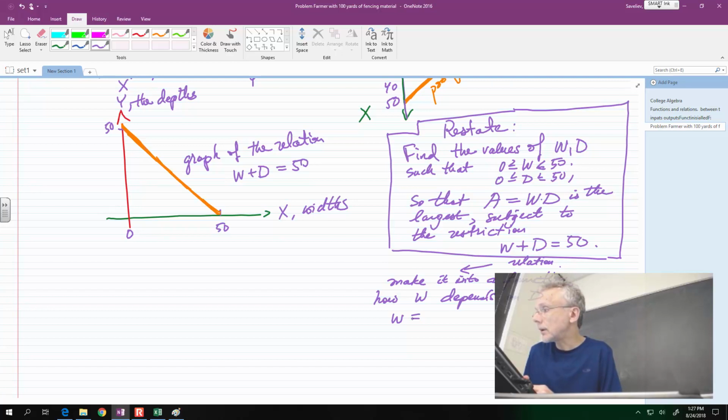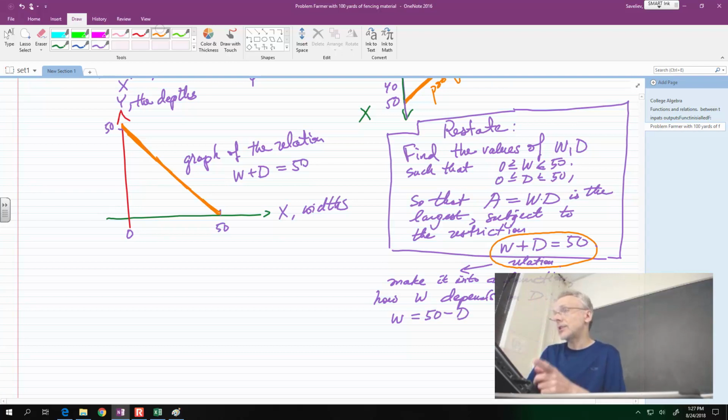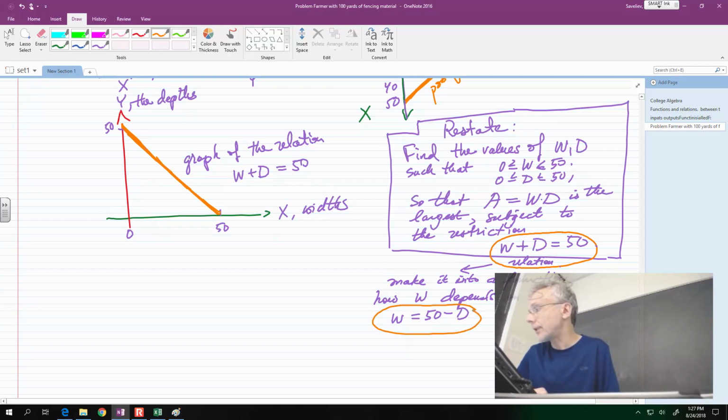This is our relation, and I want to take the same relation and turn it into a function, so that it is expressed directly. 50 minus D, right? 50 minus D. So it's the same relation, but now it just takes a different form that is direct. So the relation becomes a function.